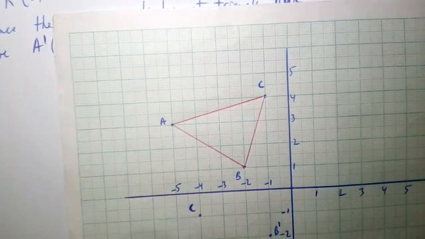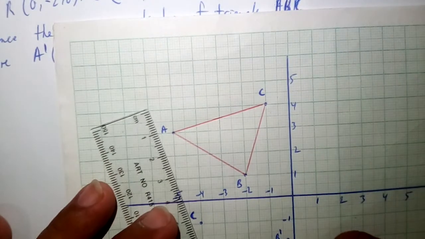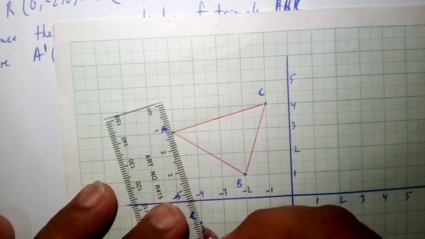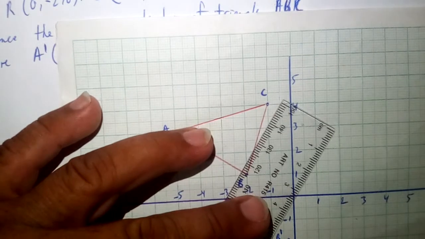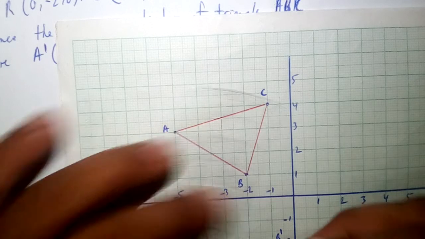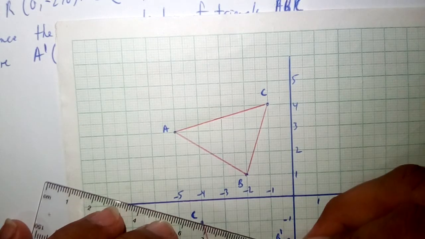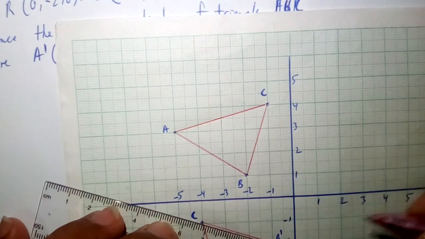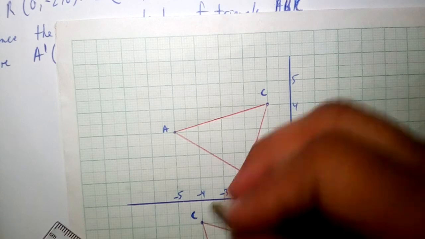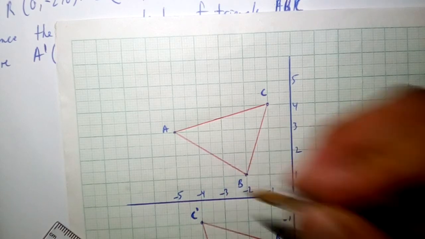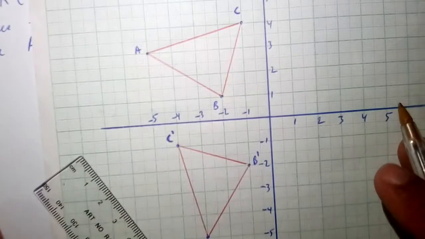So those are our points for the image of our triangle. Hence, we have just rotated our triangle through 90 degrees anti-clockwise or 270 degrees clockwise rotation about the origin. So that is how the image will look.